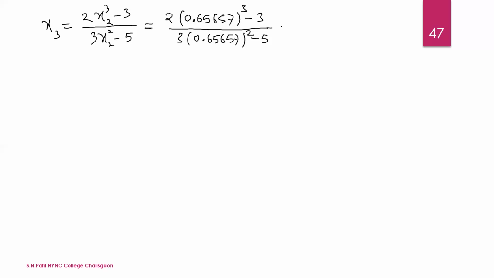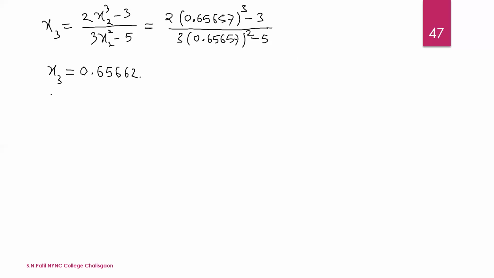Calculate the value. So we get the value x3 is equal to 0.6566.